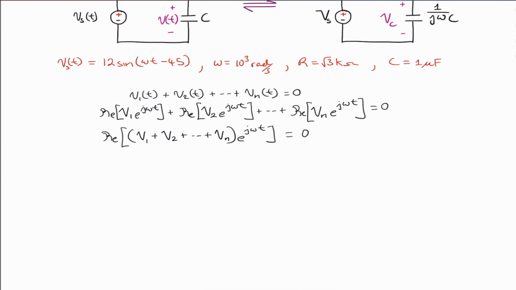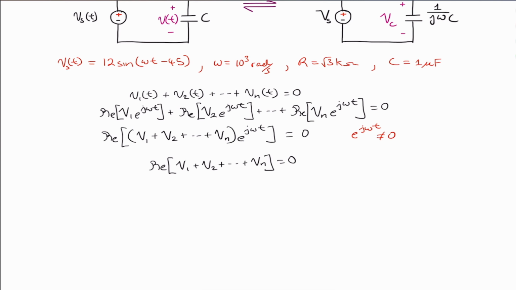So as always, since e to the j omega t cannot equal 0, we can then set the sum of V1 plus V2 plus Vn, and these are the phasor counterparts, equal to 0.